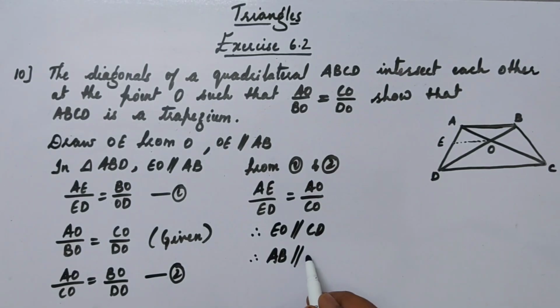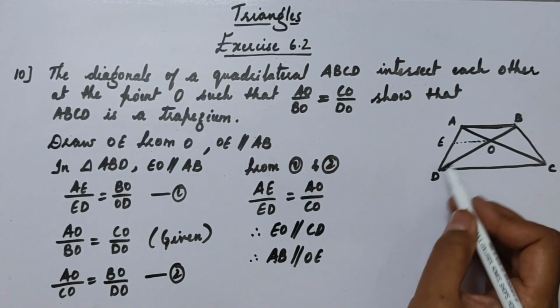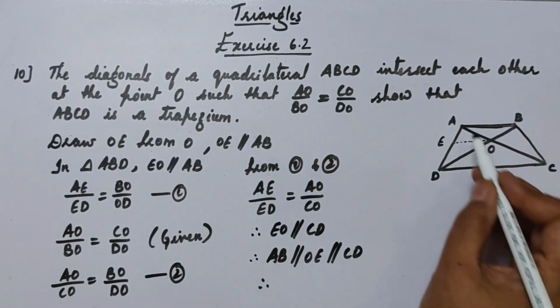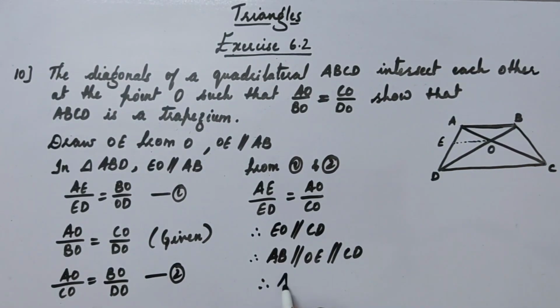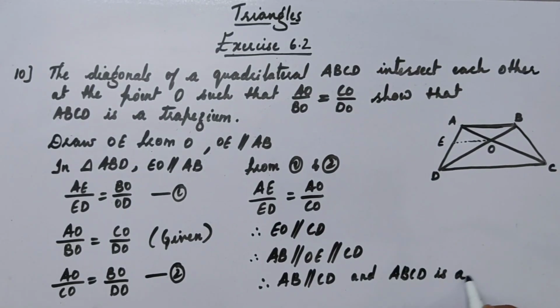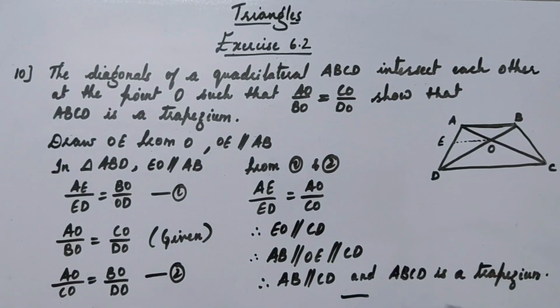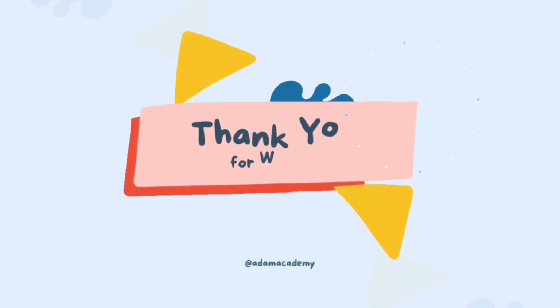Therefore, I can say AB is parallel to CD, and therefore we can say ABCD is a trapezium. Guys, this one we have proved. I hope this is clear to you all, students.